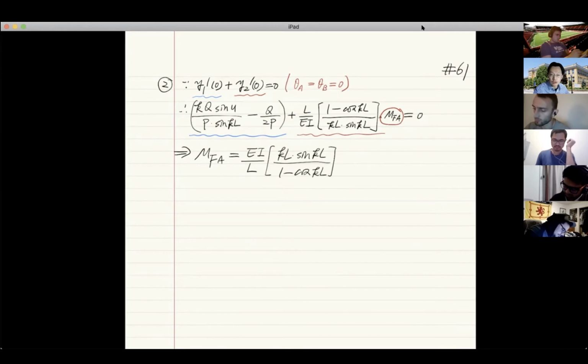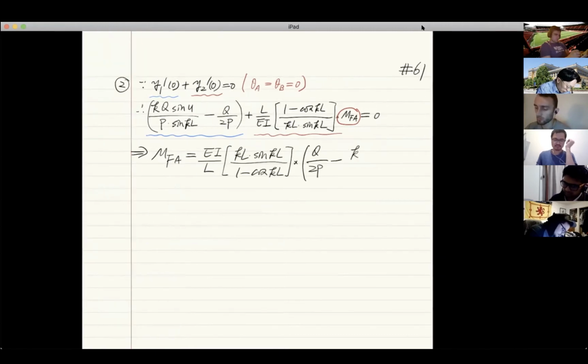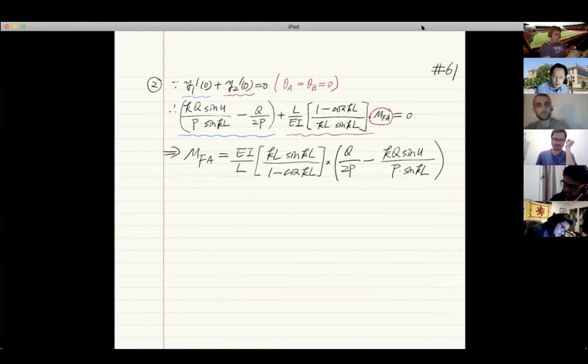You flip the coefficient and multiply this by the inverse, well, not inverse, subject the first term with a minus 1. So that becomes Q over 2P minus KQ times sine U divided by P and divided by sine KL. So this is the expression of MFA.